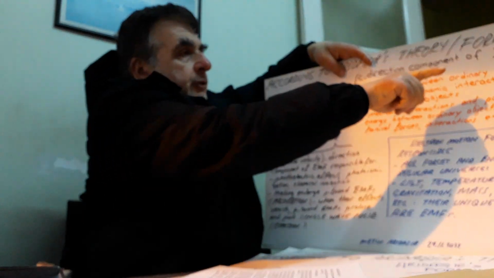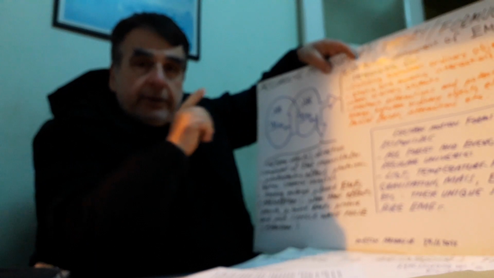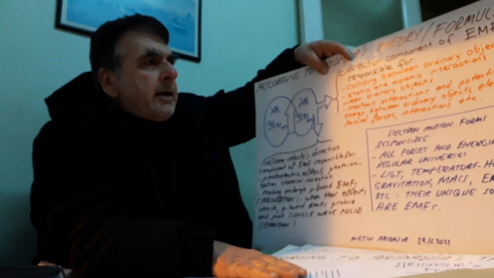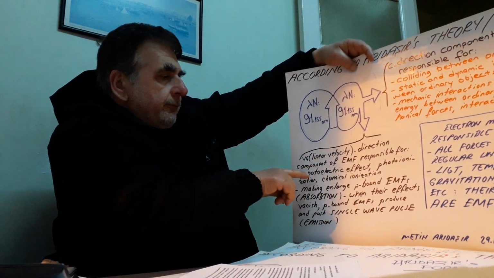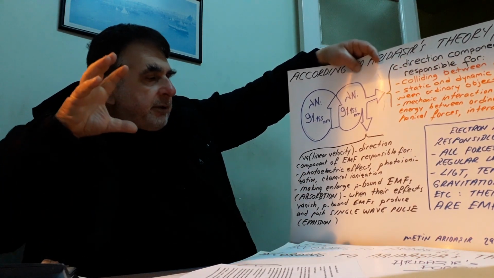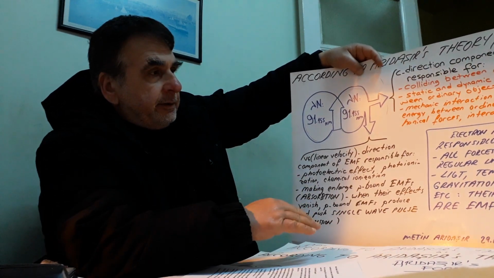The C direction component of electron motion form is responsible for colliding between ordinary objects, static and dynamic interactions between ordinary objects, mechanical interactions and potential energy between ordinary objects, electromechanical forces, interactions, etc. C direction is mechanical, and the linear velocity direction is responsible for photoelectric effect, photoionization, chemical ionization, making a large proton-bound electron motion form absorption, etc. Okay, spectral lines.